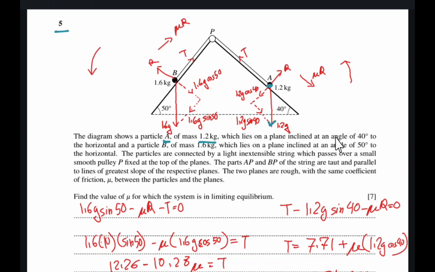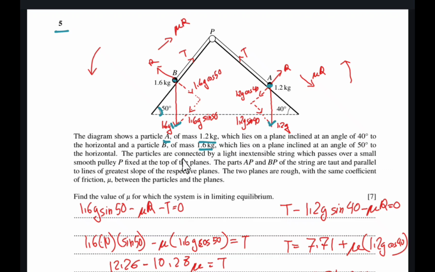It lies on an inclined plane inclined at an angle of 40 degrees to the horizontal, and the particle B of mass 1.6 kg, so its downward weight is 1.6g, lies on the plane inclined at an angle of 50 degrees to the horizontal. So this angle is 50 degrees.